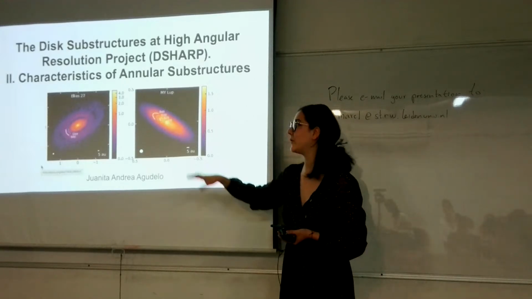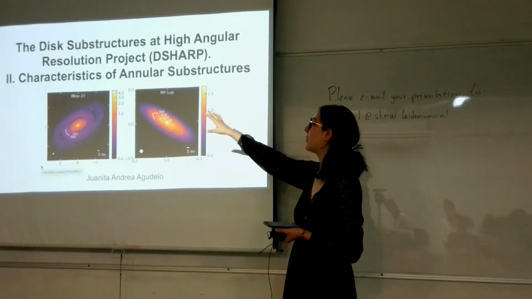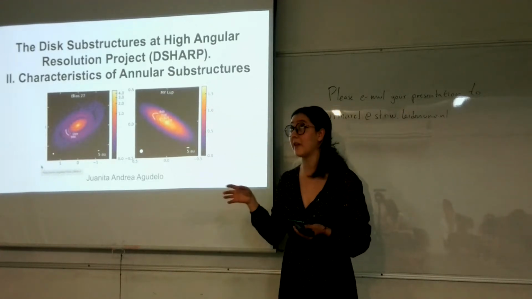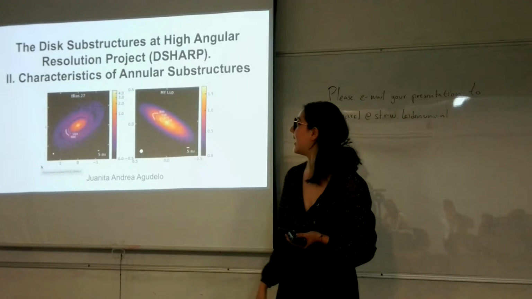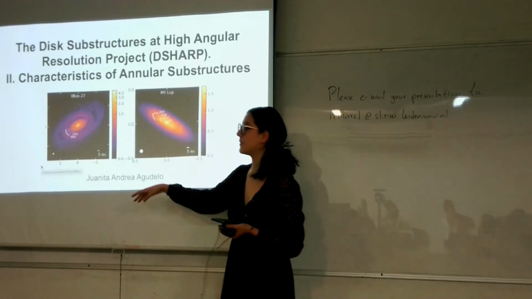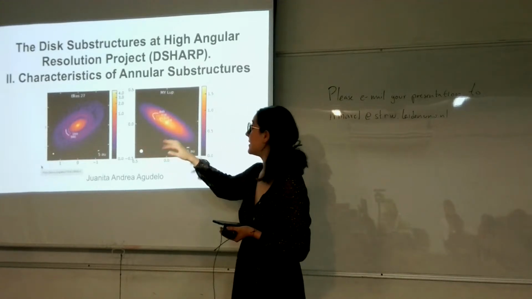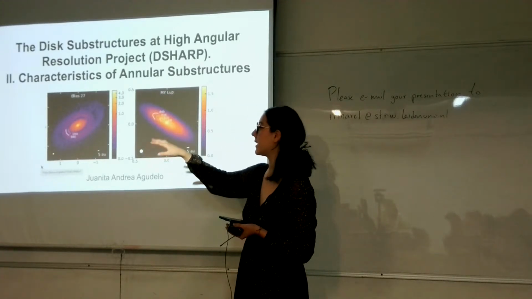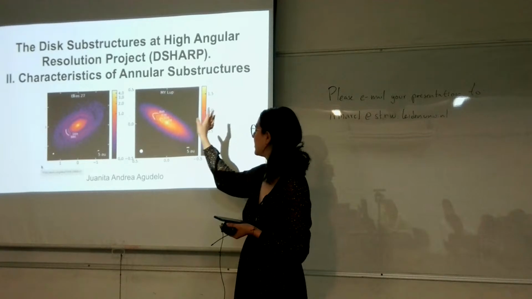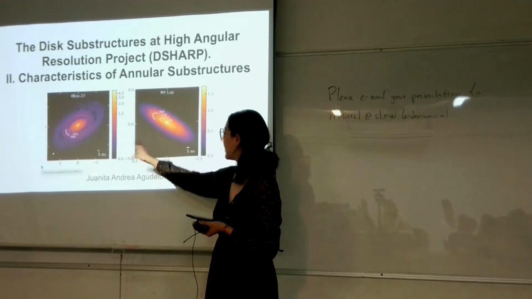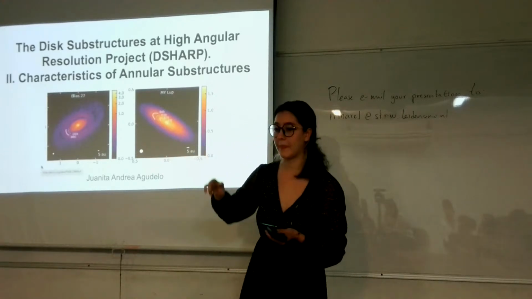The paper focuses on the characteristics and origin of angular substructure and gives some hypotheses about it. These are some images from the paper: the same disk, but 18 angular substructures that they study, and there are two of them.